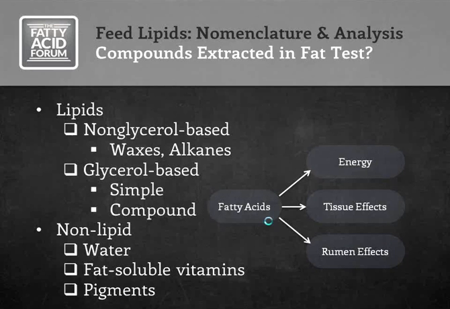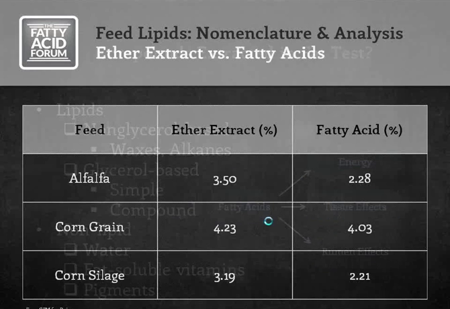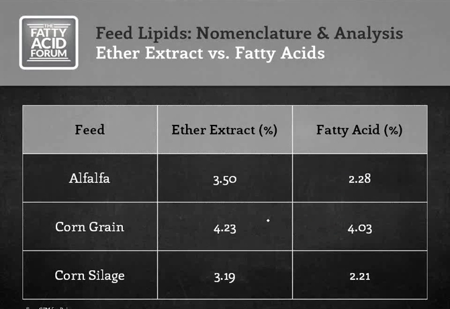So many laboratories have gone to methods to isolate and just identify the fatty acid portion and give that along with ether extract values. So as an example, here are 3 common feed ingredients: alfalfa, corn grain, and corn silage. And these are values that are taken from CPM for dairy, and it shows the ether extract values for each, along with fatty acid values that were determined in the lab on an instrument called a gas chromatograph.